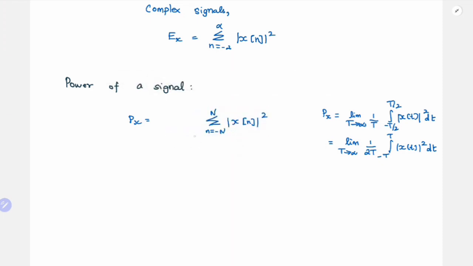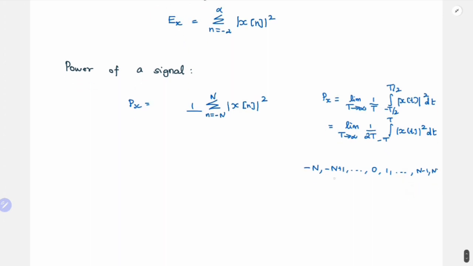And we need to divide it by the total number of terms here. So what will be the total number of terms from minus N to N? We have minus N, minus N plus 1, and we have 0, and then 1, and then N minus 1, N. So how many terms are here? For example, if I take N equal to 1, we have minus 1, 0, 1, 3 terms.